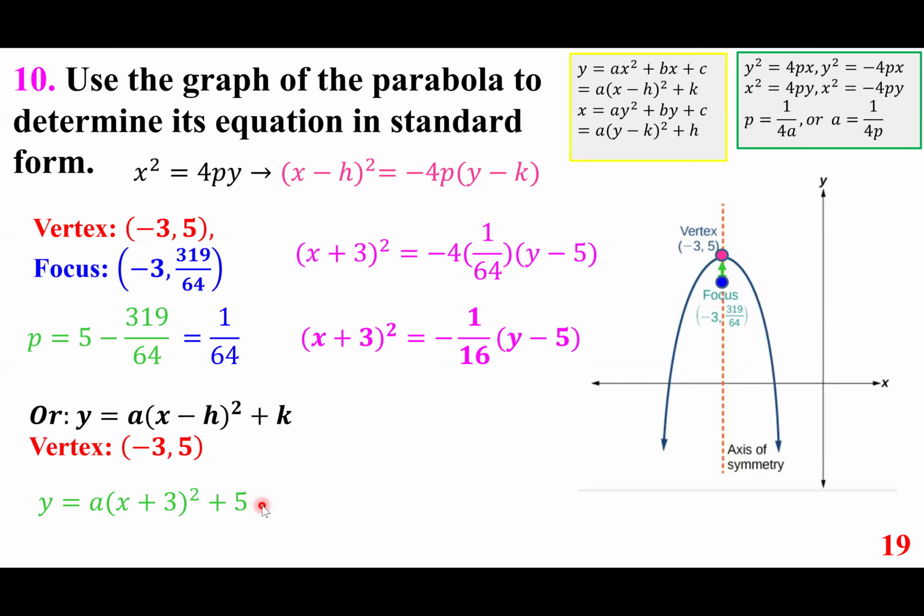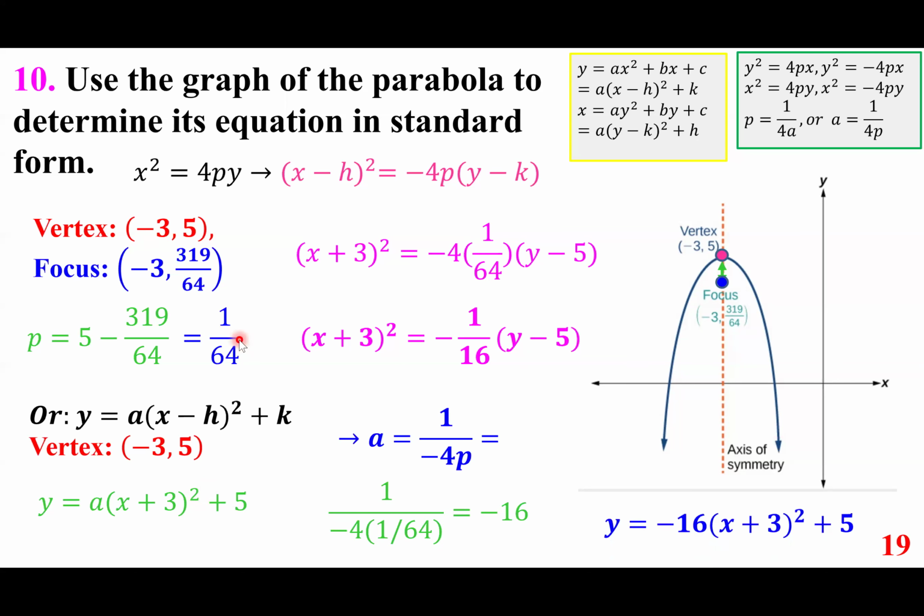Of course, a is 1 over negative 4p because it opens down. It's important to know it opens down, so a is negative. And so negative 1 over 4 times p, where p is a focal distance. The distance, we go with the positive. And so we get negative 16, and that's what we get.